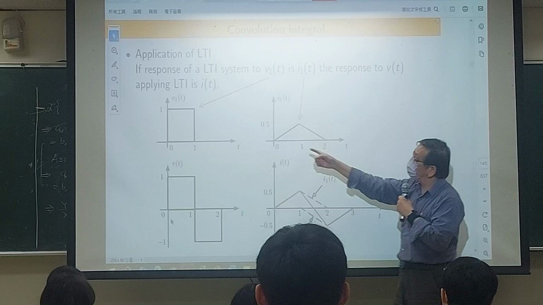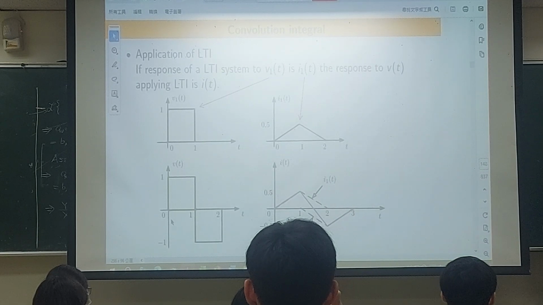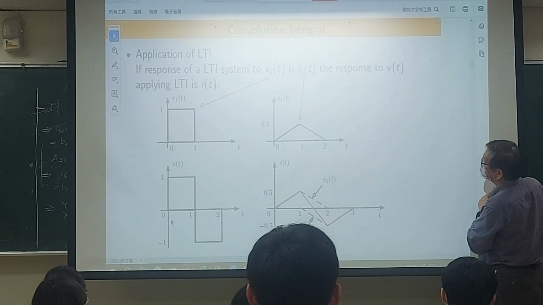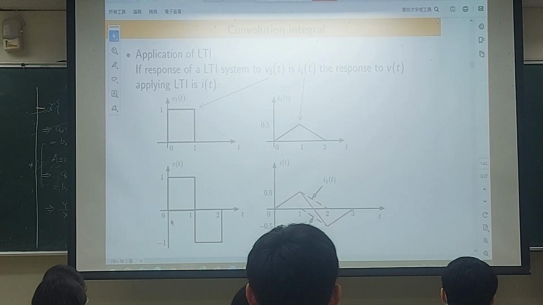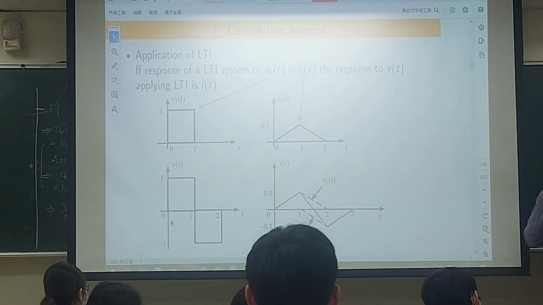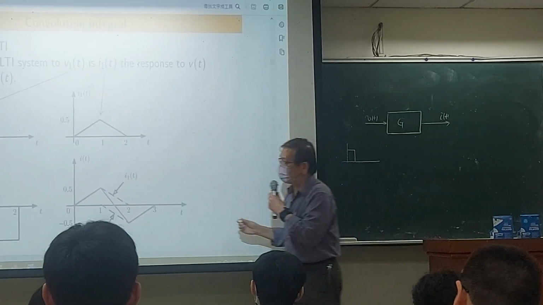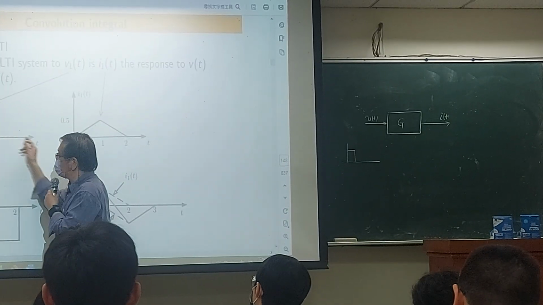And let's consider the system, which is a rectangular signal. Rectangular signal. Okay?